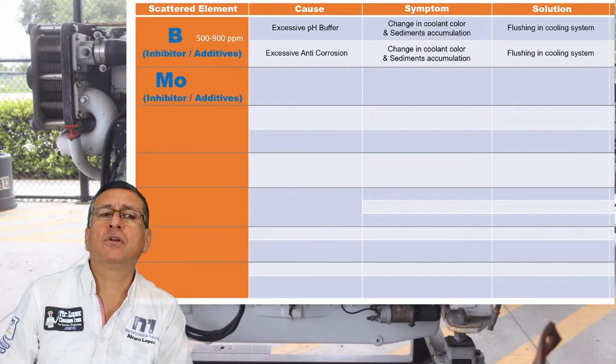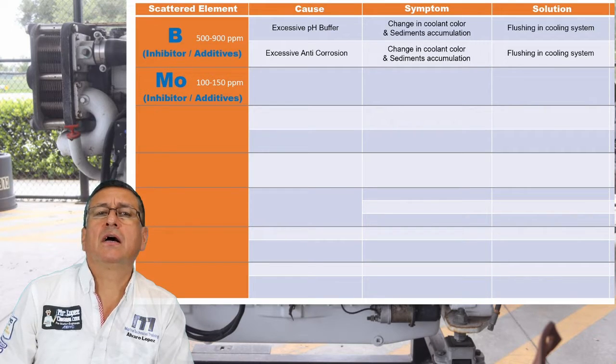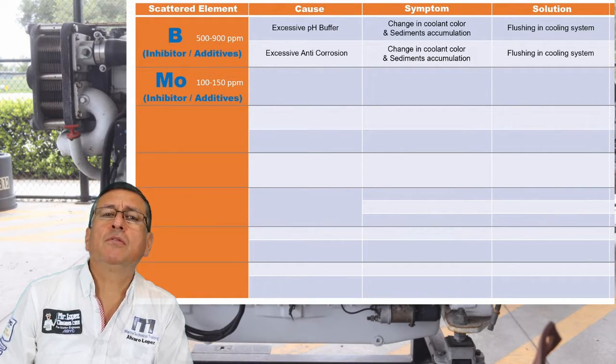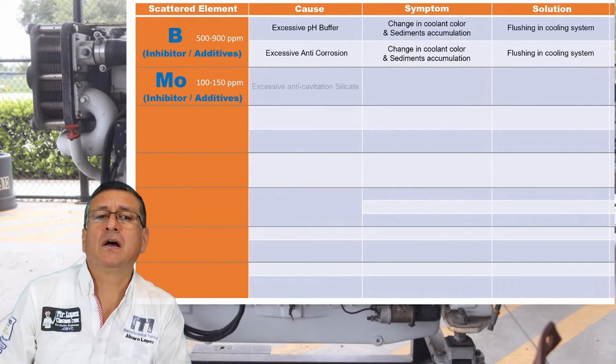Other inhibitor is molybdenum. And once again, the composition of molybdenum is in between 100 and 150 parts per million. More than 150 is critical, is not recommended. Right now we are going to analyze the symptom.